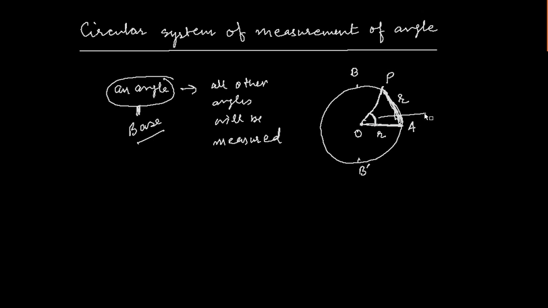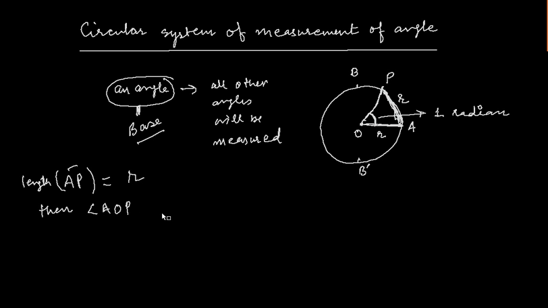So the length of arc AP is equal to r, then angle AOP is 1 radian, and this is the angle in terms of which all other angles will be measured.